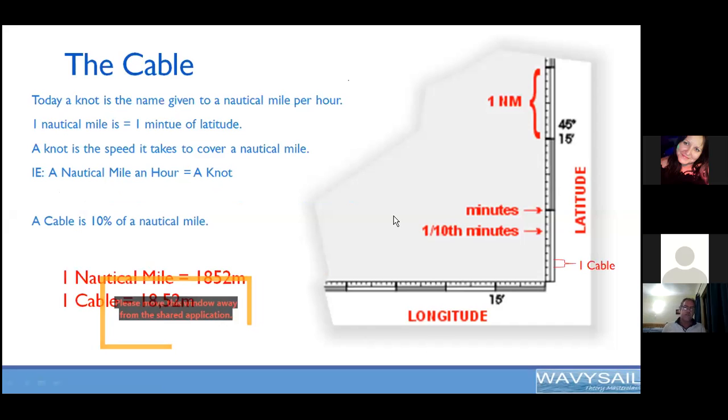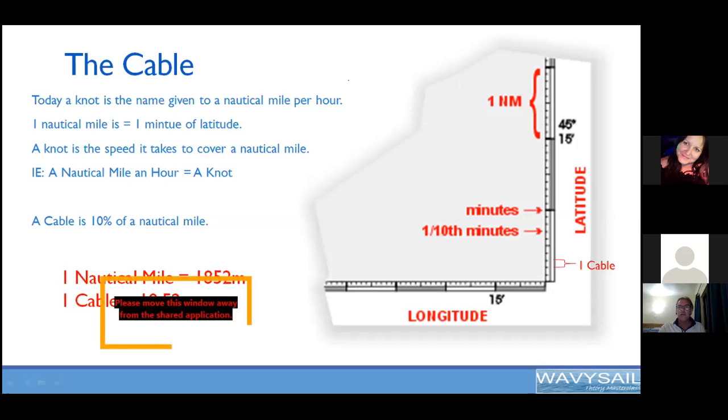Okay, so therefore, a cable, and you probably heard people say a cable before. A cable is 10% of a mile, which is our little pieces that we split up. Remember, we did our minutes into tenths.